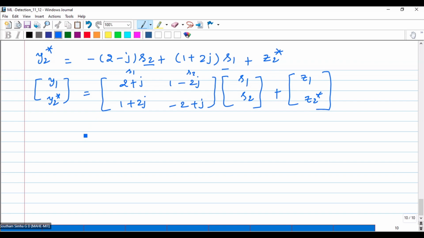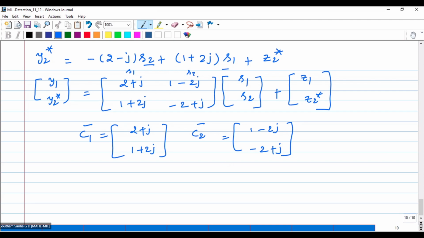So what is my code word 1? If I divide this, C1 would be equal to 2 plus j, and that is from y1 and y2. And what is my code word C2? That is equal to 1 minus 2j and minus 2 plus j.